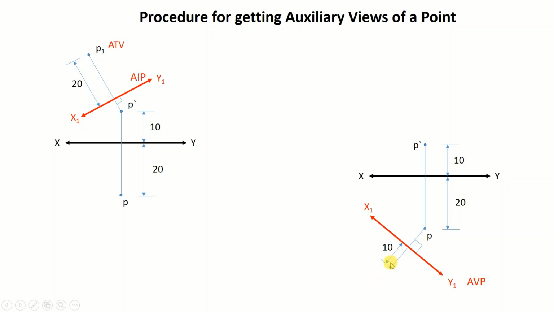This point is called the AFV, the auxiliary front view of point P, and it is normally represented as P1 dash. So the important takeaway is that the distance of the auxiliary front view P1 dash from x1 y1 is the same as the distance of the front view P dash from xy.